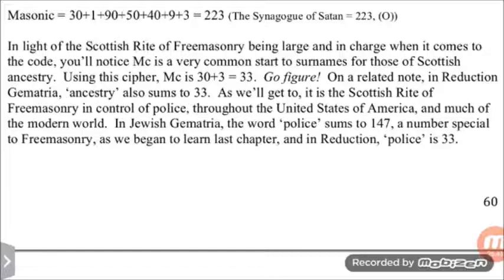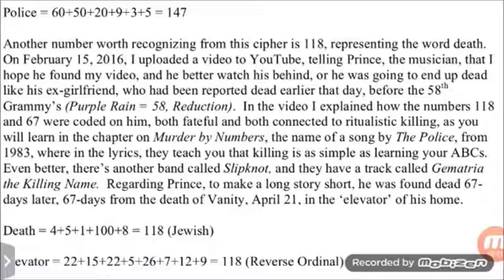As we'll get to, it is the Scottish Rite of Freemasonry in control of police throughout the United States of America and much of the modern world. In Jewish gematria, the word police sums to 147, a number special to Freemasonry. As we began to learn last chapter, in reduction, police is 33. Police equals 60 plus 50 plus 20 plus 9 plus 3 plus 5 equals 147.